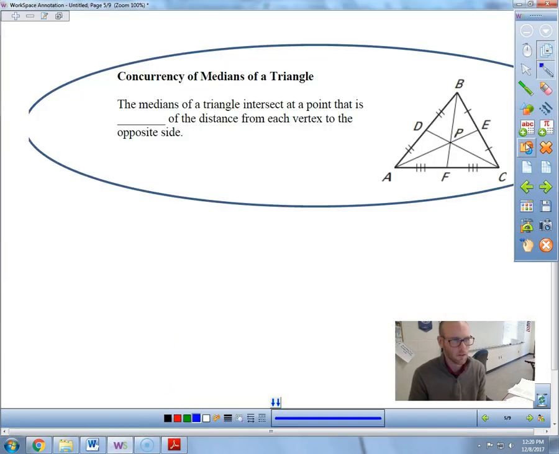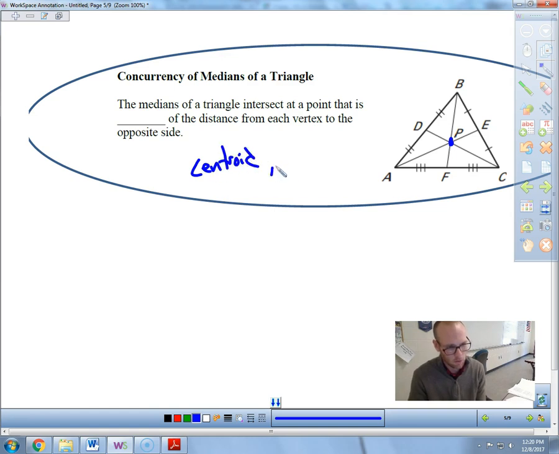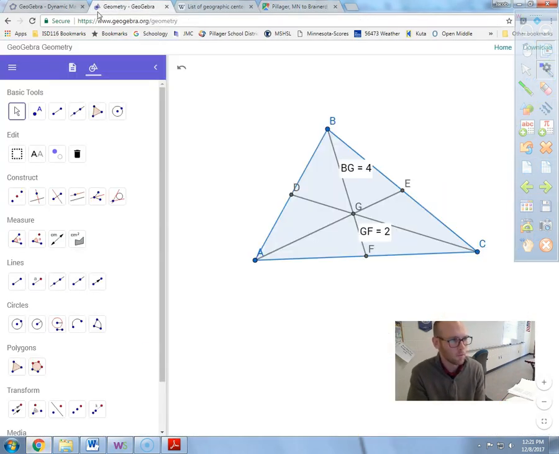All right, so concurrency of medians of a triangle. The medians of a triangle intersect at a point that is blank of the distance from the vertex to the opposite side. So they meet at this point, which is called the centroid, which is the balance point. Okay. What's the distance thing again? What did we learn back in GeoGebra?